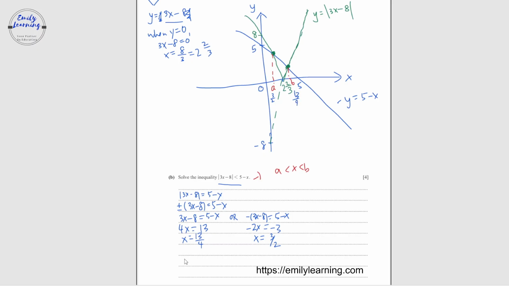So therefore, from the sketch, I know that x is in between 3 over 2 and 13 over 4. So this is one way to solve it. Find the point of intersection. Then once you know the point of intersection, you solve for it.